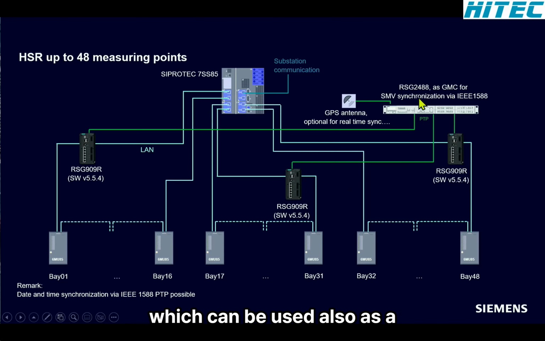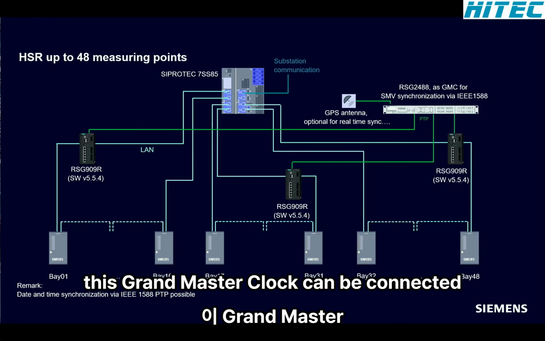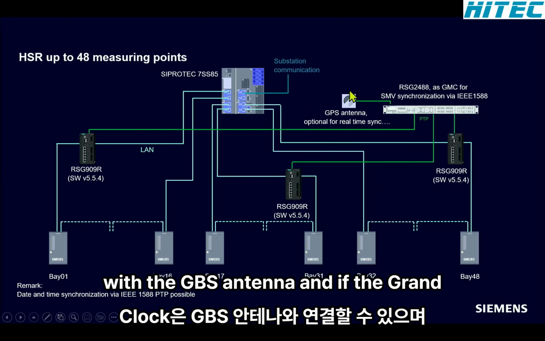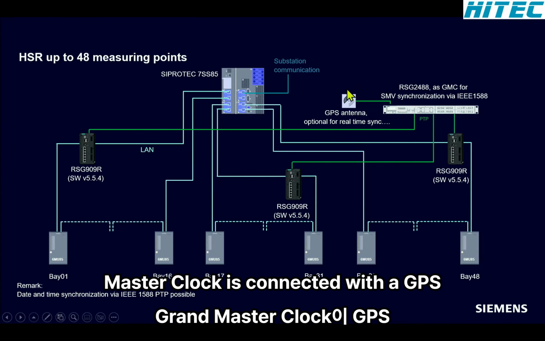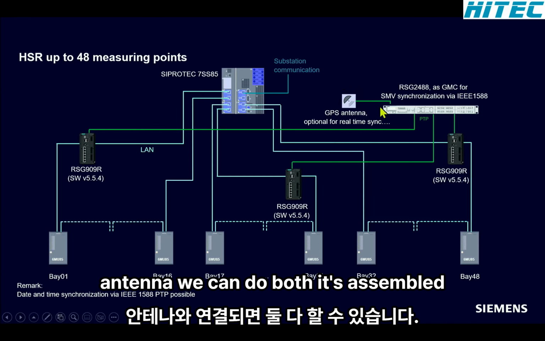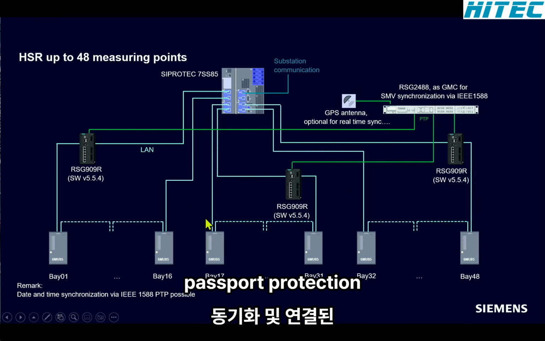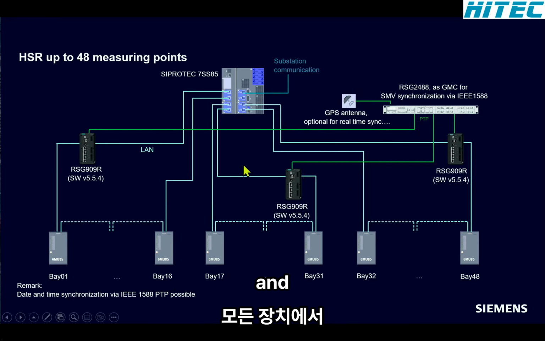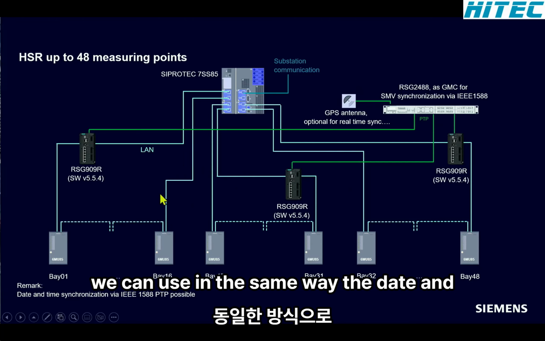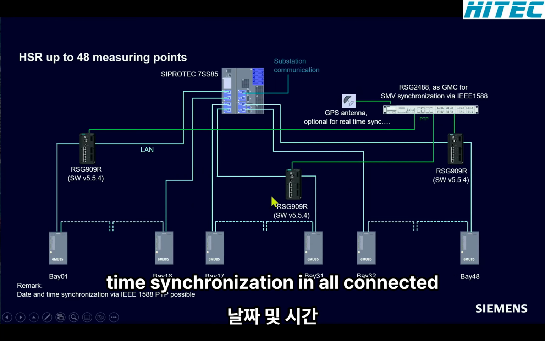This is an Ethernet switch which can also be used as a pure grandmaster clock. And this grandmaster clock can be connected with a GPS antenna. If the grandmaster clock is connected with a GPS antenna, we can do both the sampled measured value synchronization, as already explained, for the distributed busbar protection, and we can use in the same way the date and time synchronization in all connected devices.